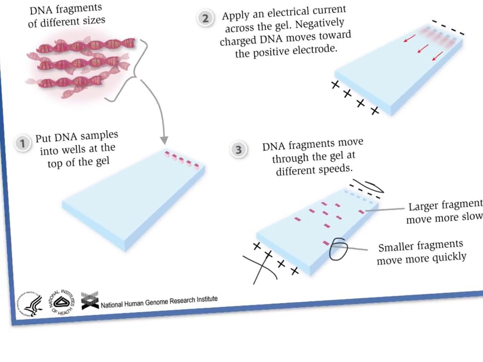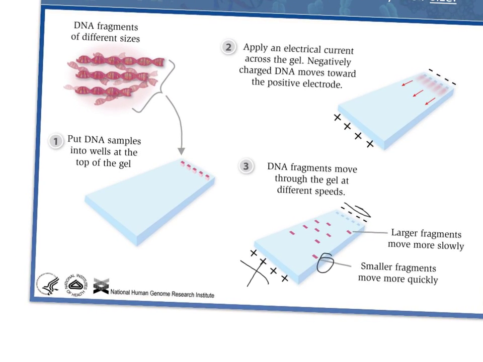So if we look back, we put the DNA samples in the wells. Usually in the first well you put a sample that you already know, where you know exactly how many repeats there are. Then you apply an electrical charge and the DNA fragments move through the gel at different speeds.